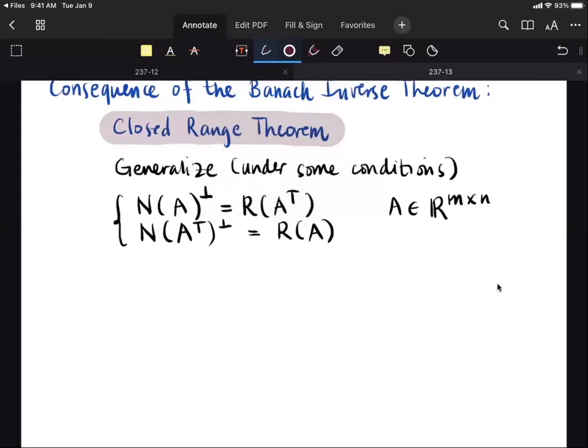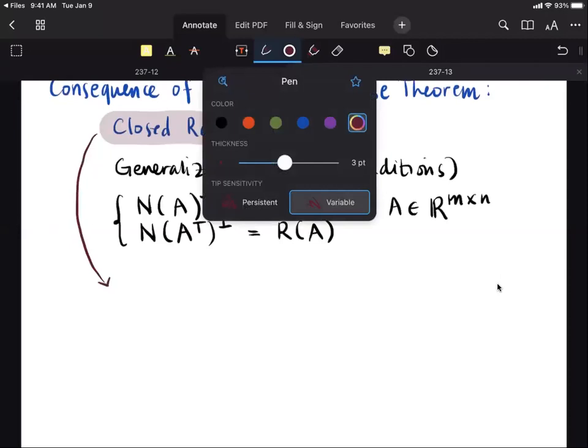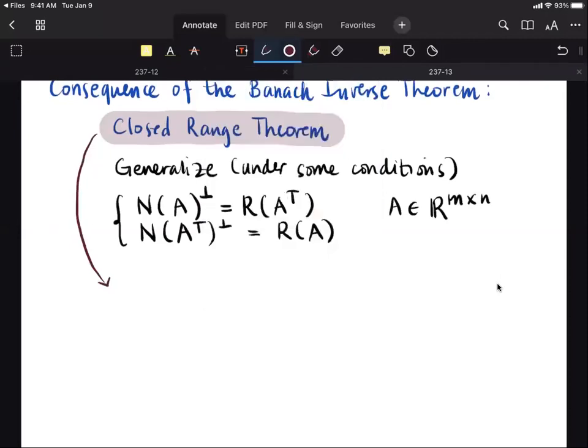This closed range theorem can be used to prove the Banach-Nečas-Babuška theorem. And we illustrated this application in terms of the heat equation.